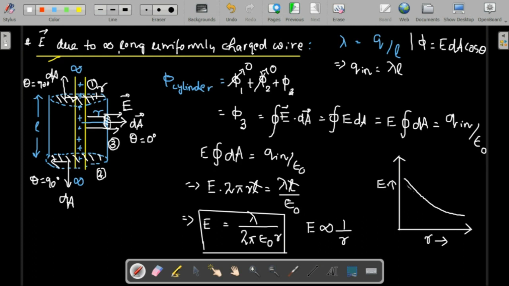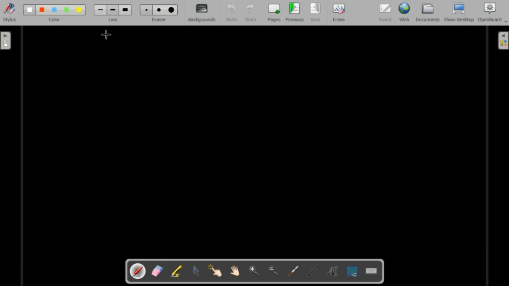So the next thing that we need to do is the electric field due to a cylinder.